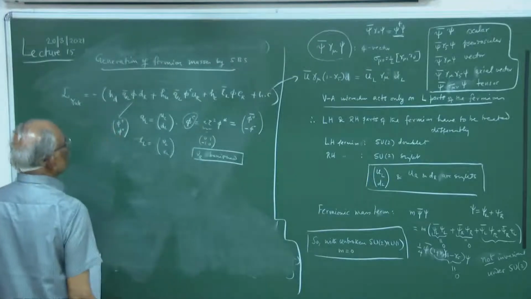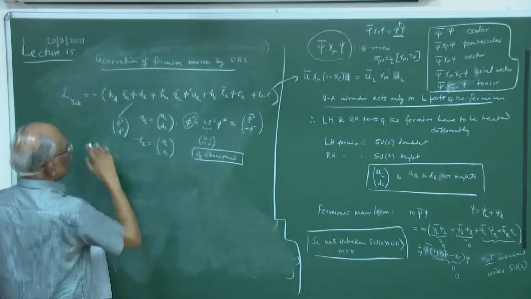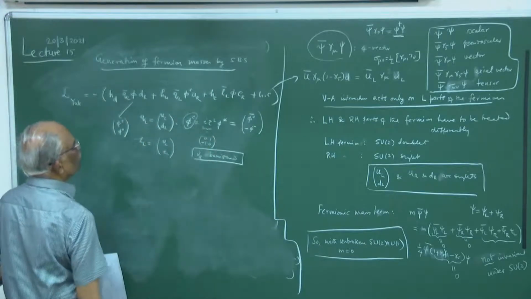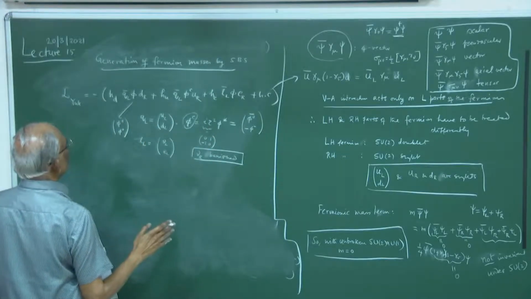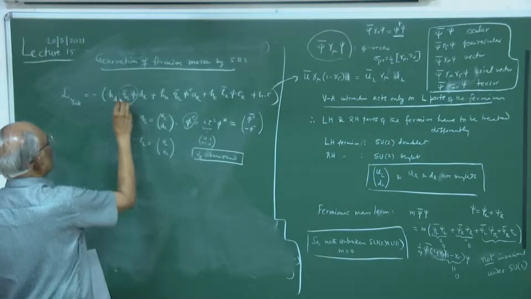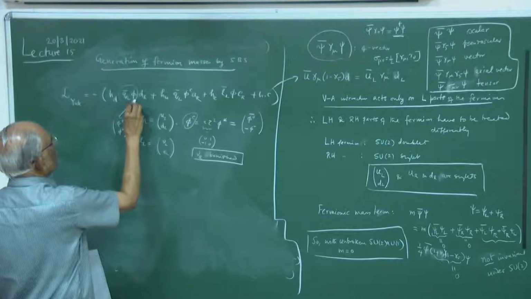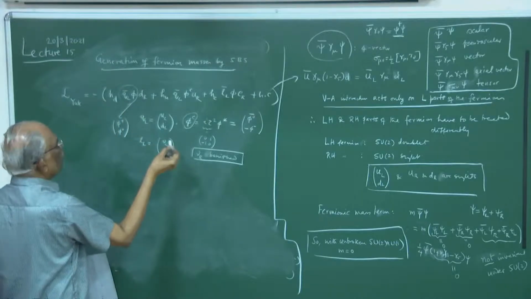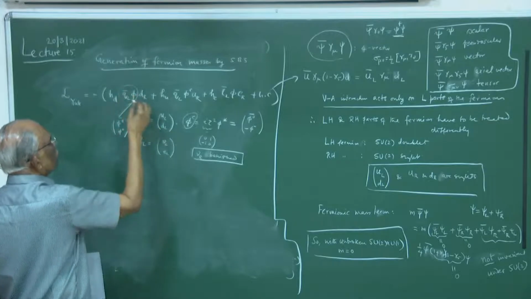Now everything is defined. Now we have got an SU2 cross U1 theory. So not only under SU2 it should be invariant, it is clear that under SU2 it is invariant. How? QL bar phi, if you take some doublet and another doublet, isospin half plus isospin half can give you isospin 0. The way to form is one of them should be starred or bar.